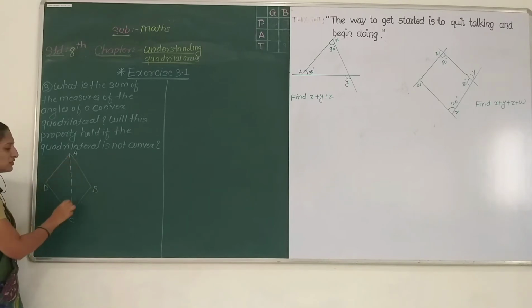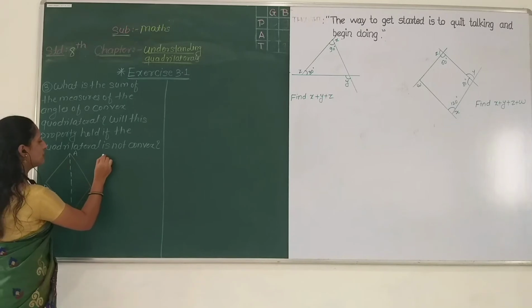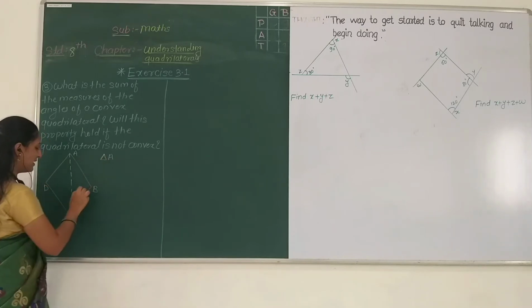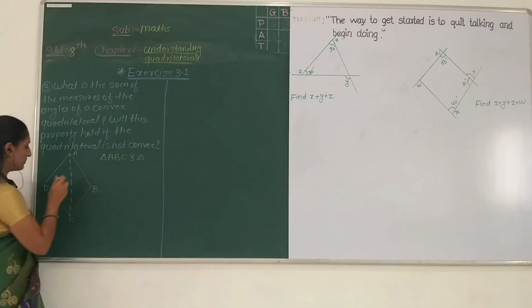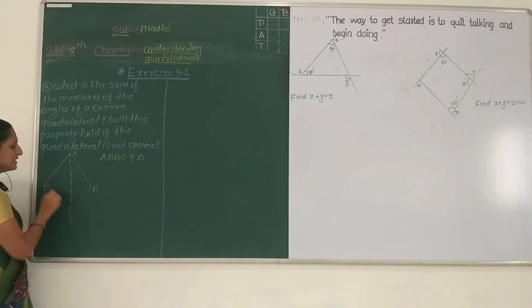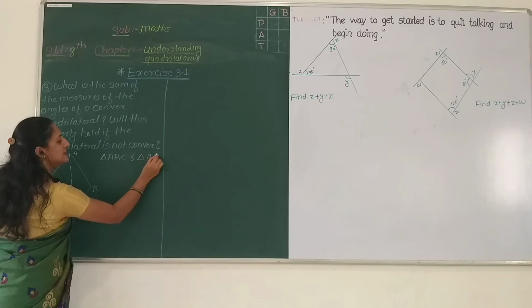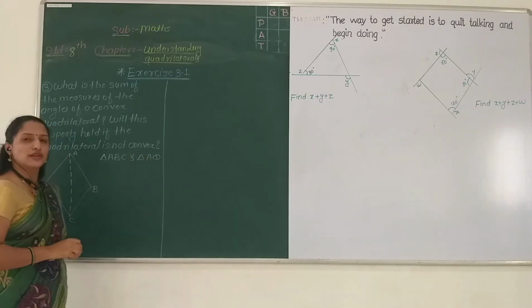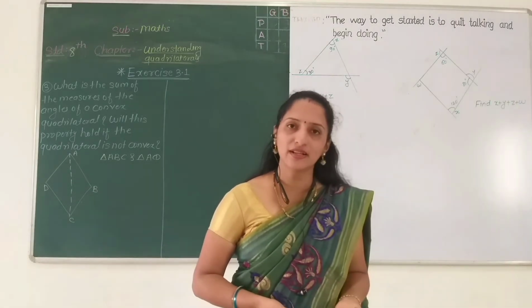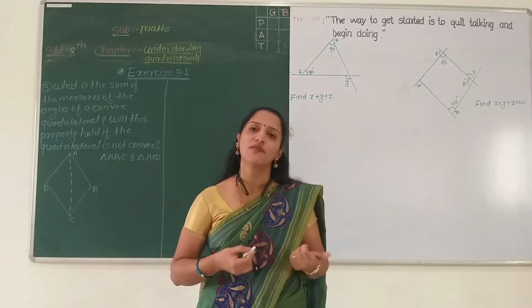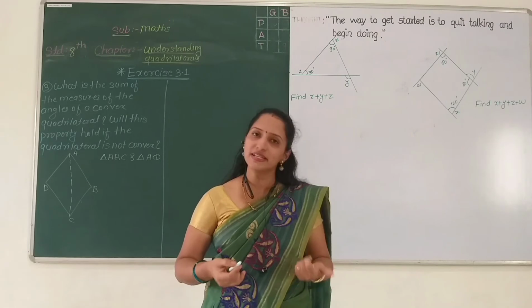So here we get two triangles. Which triangles are these? Triangle ABC, and here we get triangle ACD. Now we have two triangles, and all of you know the angle sum property of a triangle: the sum of the measures of all angles of a triangle is 180 degrees.